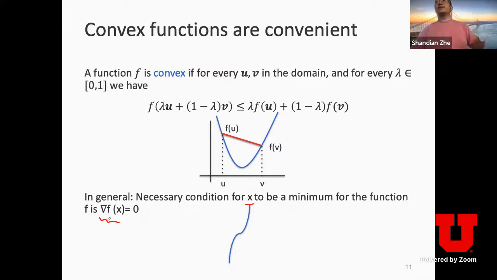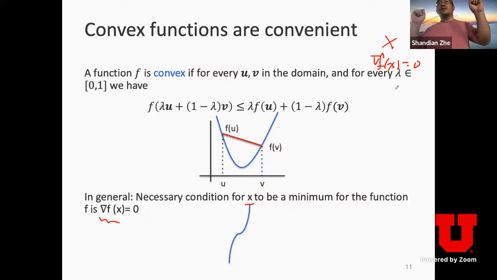But this is just a necessary condition. It means that if you find some arbitrary input x such that the gradient of the function at x is 0, it doesn't mean x will be a minimum of the function.